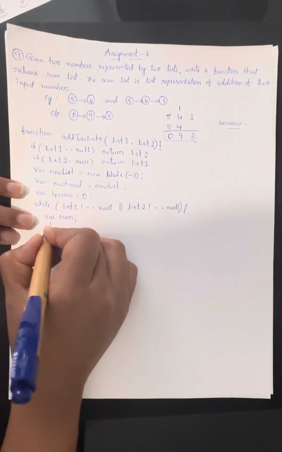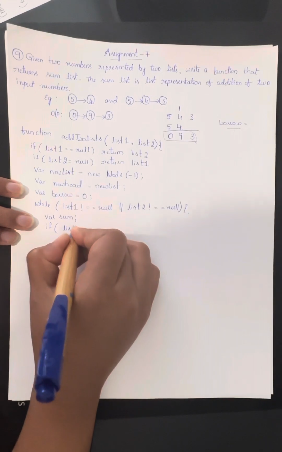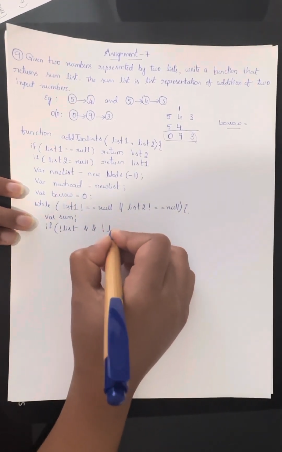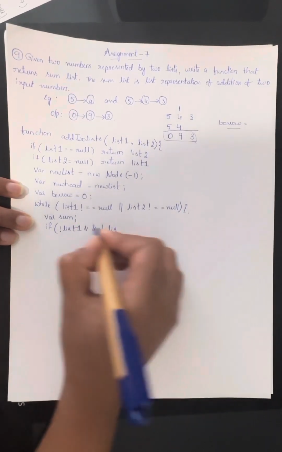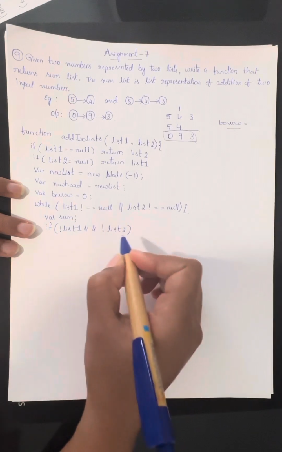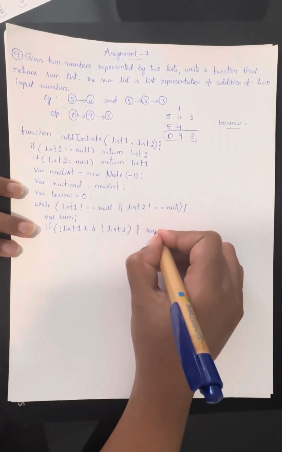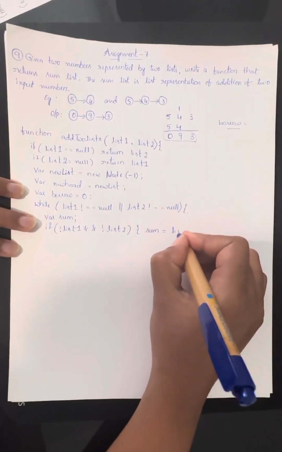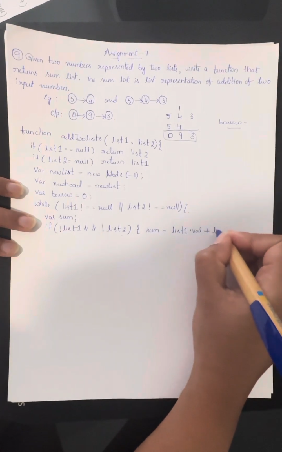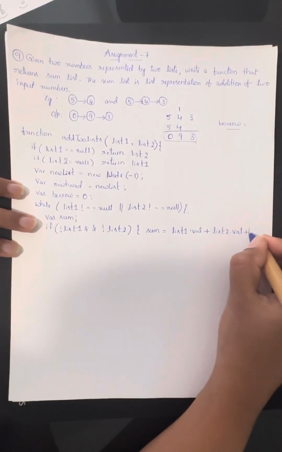If both of these lists are not null, then sum becomes list 1 dot value plus list 2 dot value plus borrow.